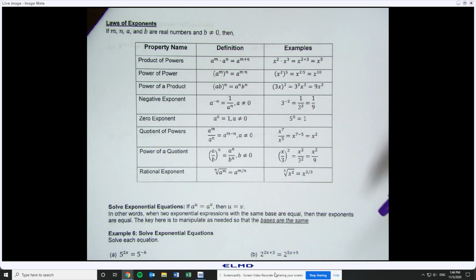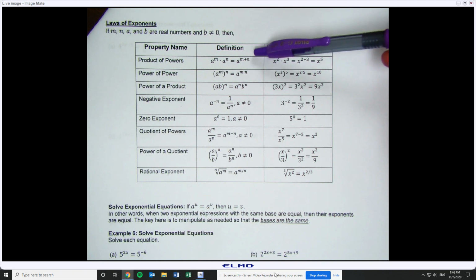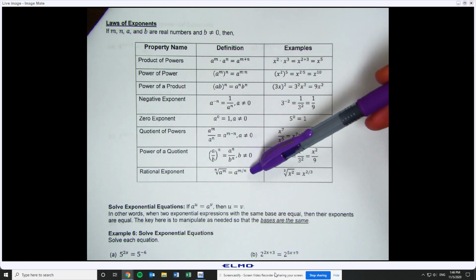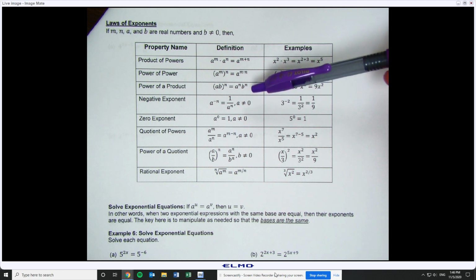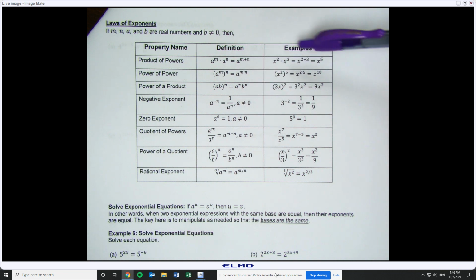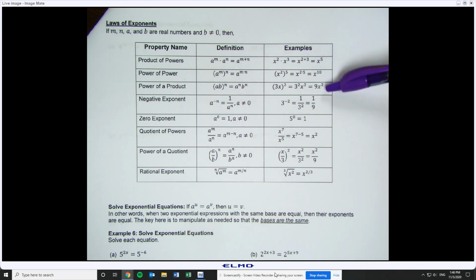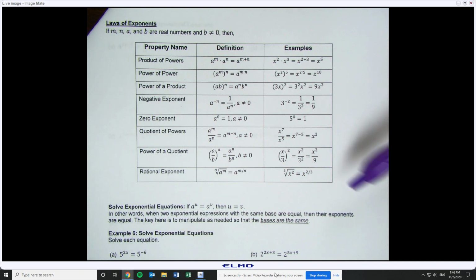And just because I'm a nice person, I gave you examples of how each one looks if you actually have it with numbers. So each one of these you should have seen in previous classes by this point, know them well, and then if you ever need an example, look right here and I show you exactly what it looks like.